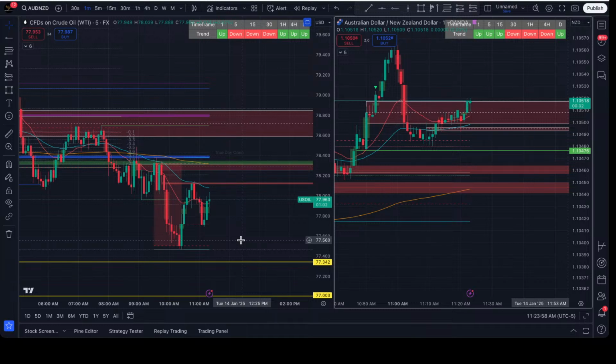People going long from this fair value gap. People going short. All this EMA rejection in the NYC fair value gap. They're just engineering new liquidity.